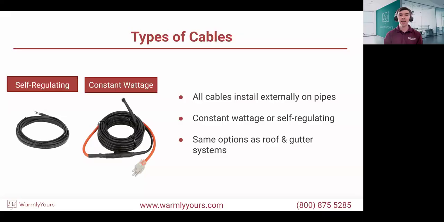Let's say it's a commercial or industrial application with really large diameter pipe and minimal insulation. That's where a more powerful cable is needed, or potentially even a double run of the cable. That's the only difference in this product category. But if we're talking about a standard self-regulating cable, believe it or not, it's the same type of cable for both applications.